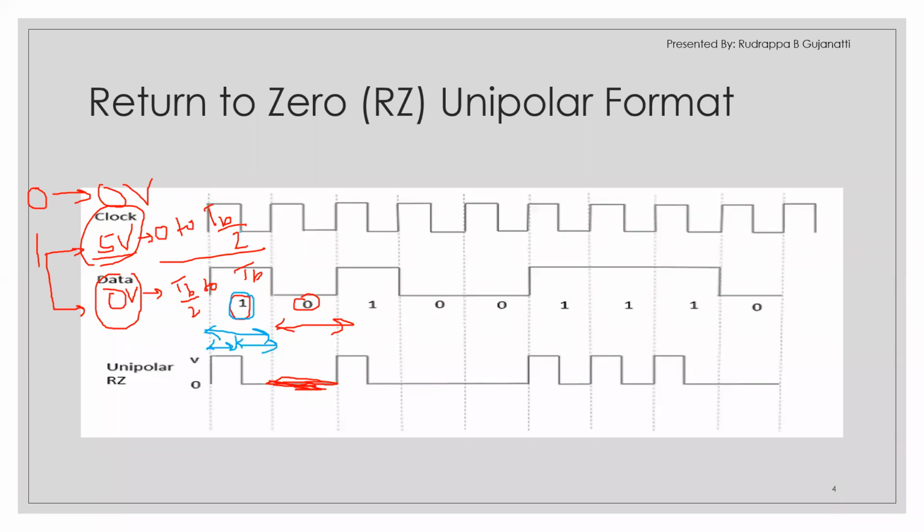Since this is bit 1, it will be represented with plus 5 volt during the first half bit period, and during the next half bit period it goes down to 0 and stays there until the bit period is over. It will be 5 volts from 0 up to TB by 2, and after that it returns to 0 and stays for the rest of the period.